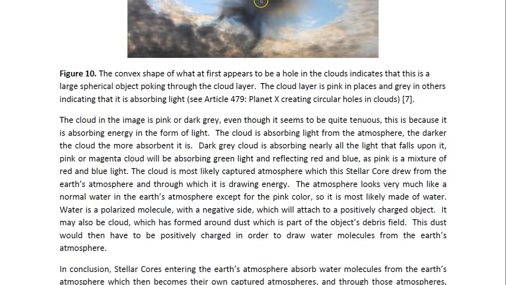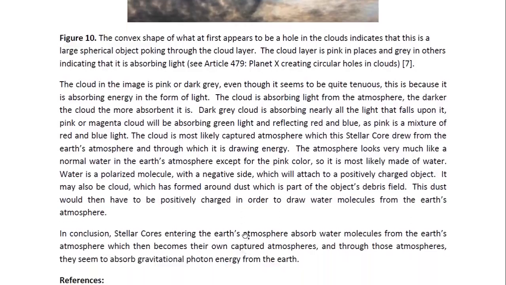Water is a polarized molecule with a negative side, which will attach to a positively charged object. It may also be cloud which has formed around dust, which is part of the object's debris field. This dust would then have to be positively charged in order to draw water molecules from the Earth's atmosphere.